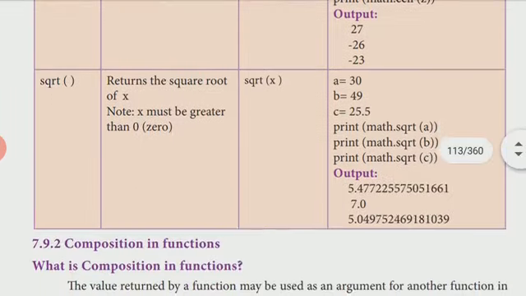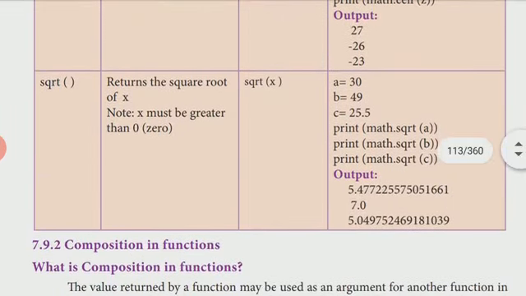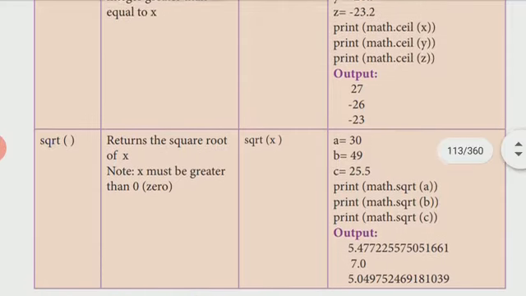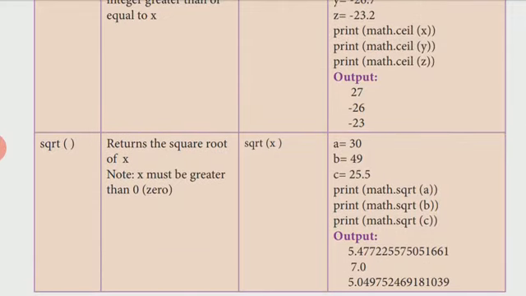The next function is square root of x, that is, we want to find the square root. See, here the x value must be greater than 0, then only it will find the square root. See here the example: a equal to 30, b equal to 49, c equal to 25.5. Here math dot sqrt of a, it will give the value 5.4772255575051661.